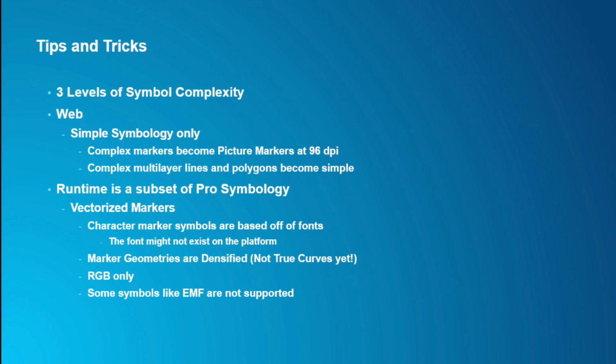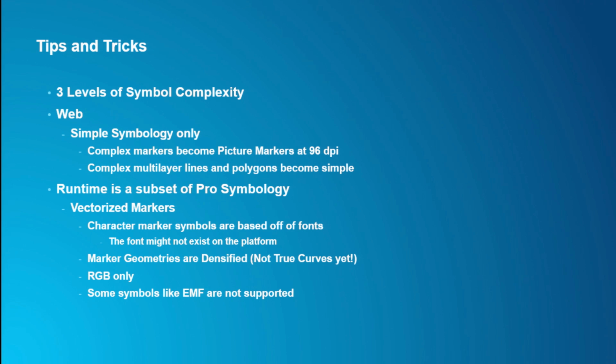But something to also think about, runtime does not support all the symbols that Pro does. So when you're using advanced symbols in the runtime, that symbol gets vectorized because it could be made up of character marker symbols, which has a bunch of fonts in it that your iPhone doesn't have. Your iPhone doesn't have any of the Esri crime analysis fonts or anything like that.